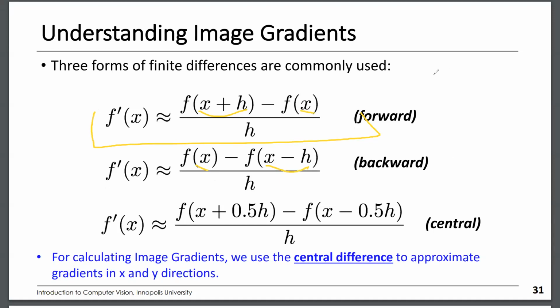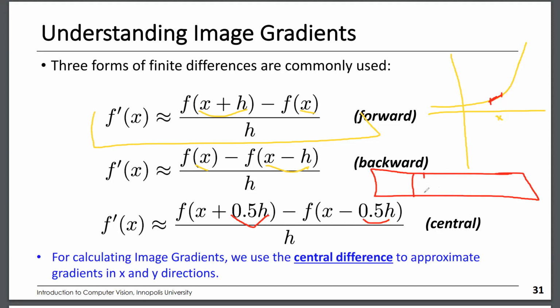And there is the central one, where we take one here and one before x, and we do the calculations between them. All of them work. The only thing that interests us here is the fact that we are taking the values of 2 pixels and subtracting them from each other.